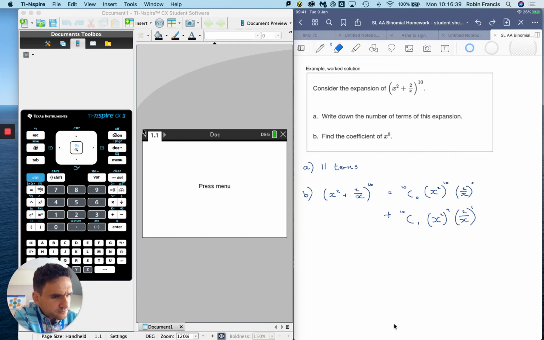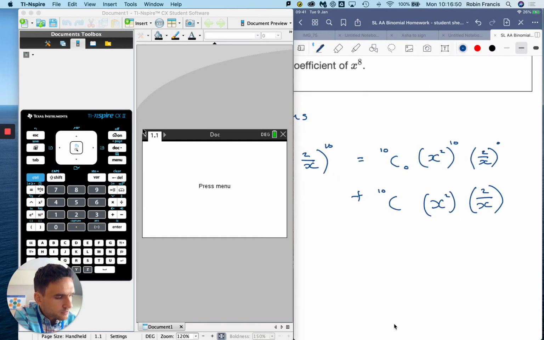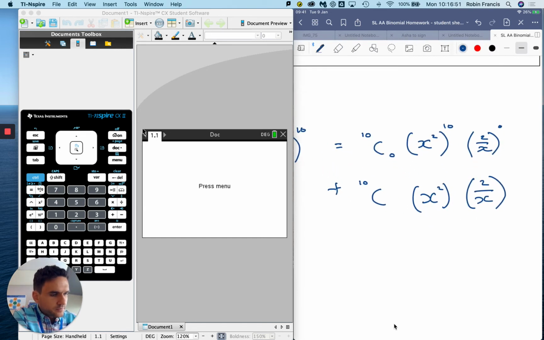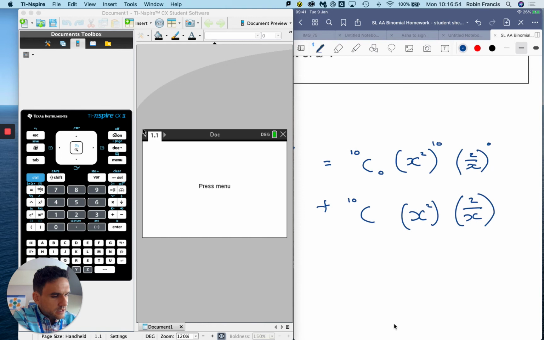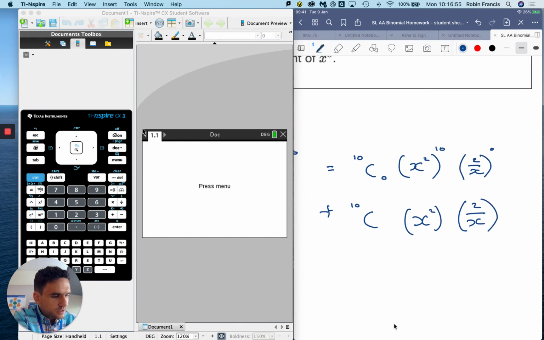So in order to hone in on what we want, I'm going to adjust these numbers and see if I can arrive at the answer that I want. Thinking about x to the 8, we've got 10 options. Let's try something like 5 and 5. Let's think it through again.